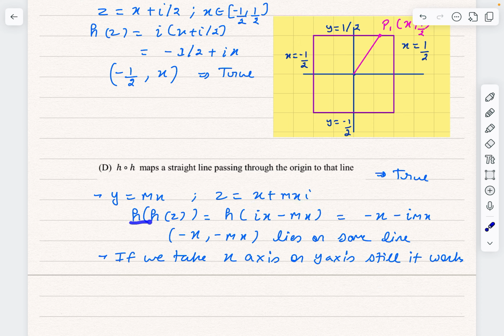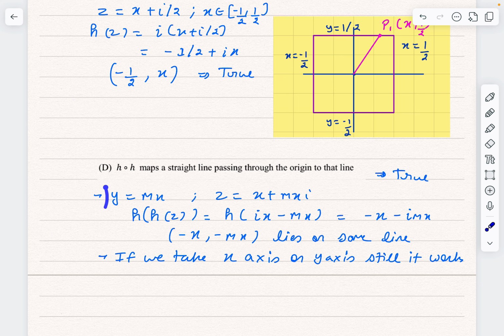If you take h of z on this, so h of z will make it multiply with iota, will make it iota x minus mx. And when you again multiply iota here, you get minus x minus iota mx. So the point will now become minus x comma minus mx, which will still lie on the same line. That means h of z will map every point on the line to the line itself.